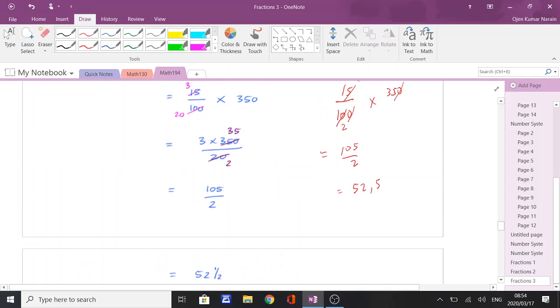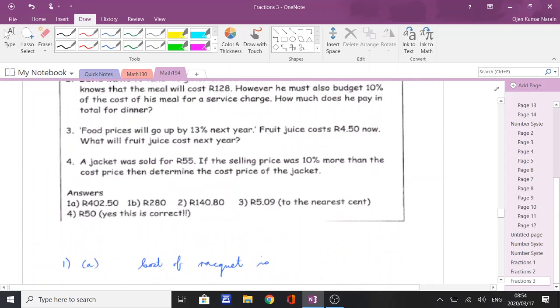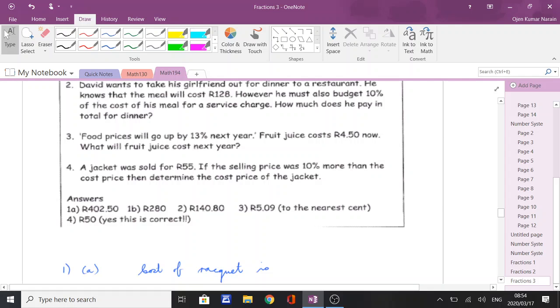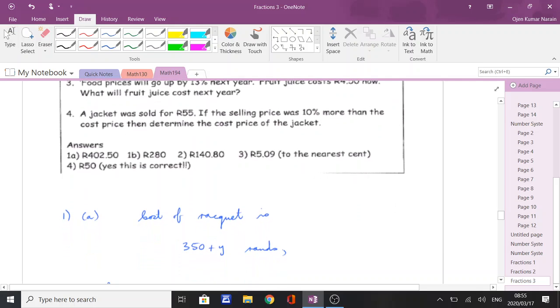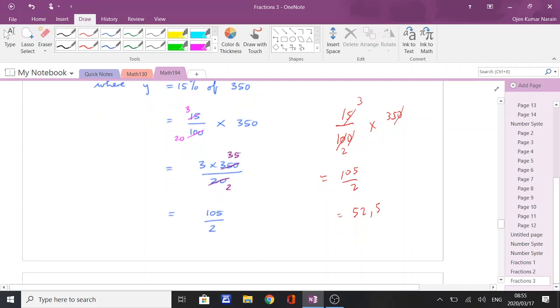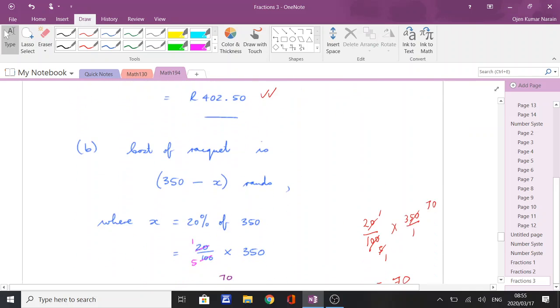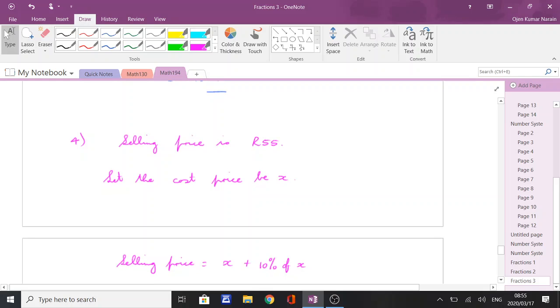We look at number 4. A jacket was sold for 55 rands. If the selling price was 10% more than the cost price, then determine the cost price of the jacket. So the jacket was sold for 55 rand. So the selling price is 55 rands.